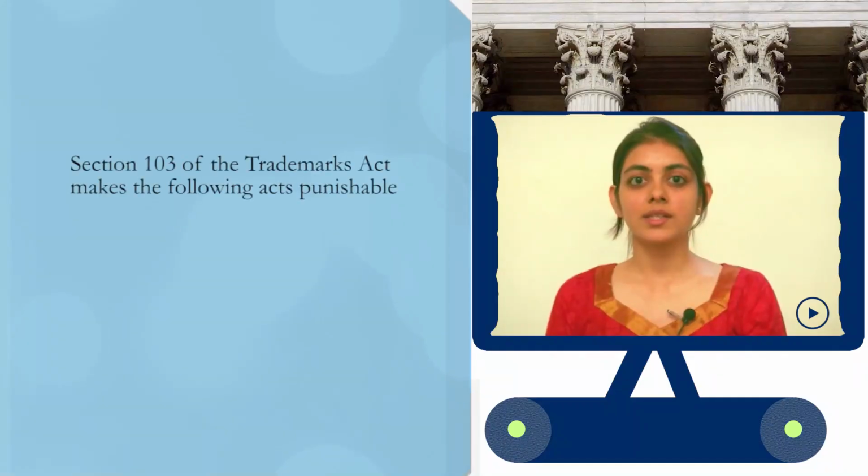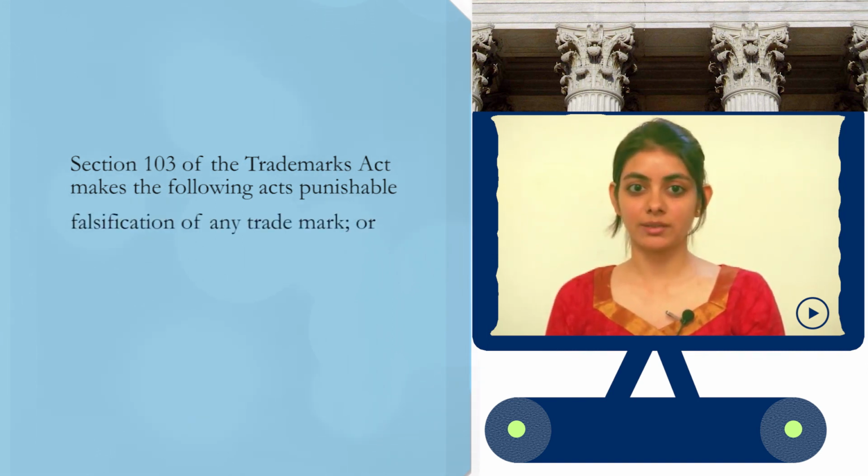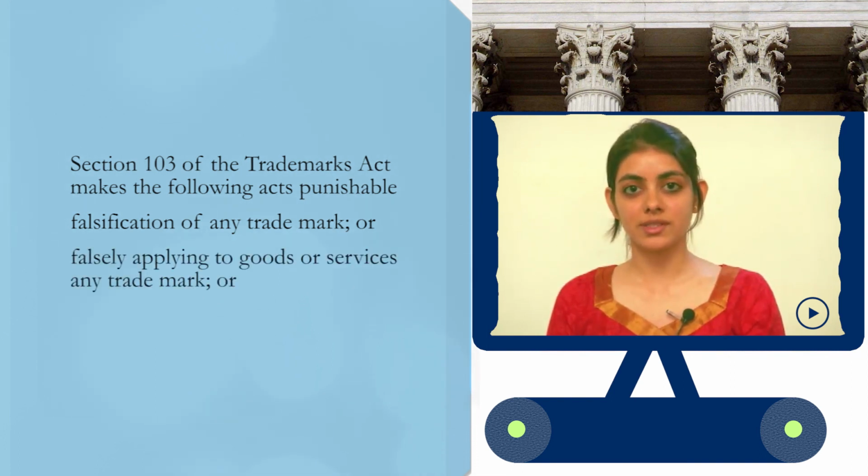We will now talk about the offences that are provided in the Trademarks Act. Section 103 of the Trademarks Act makes the following acts punishable. First, falsification of a trademark. Second, falsely applying to goods or services any trademark. Making, disposing of or having in possession any die, block, machine, etc. being used for falsifying a trademark.